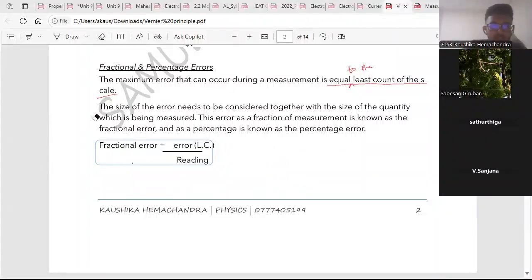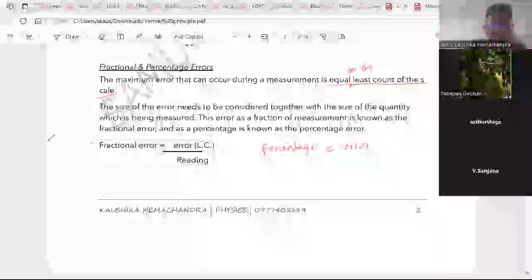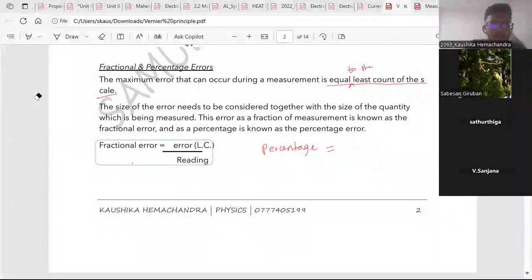That is what we call the fractional error. And percentage error will be the percentage value of the fractional error. That is, least count over reading into 100.